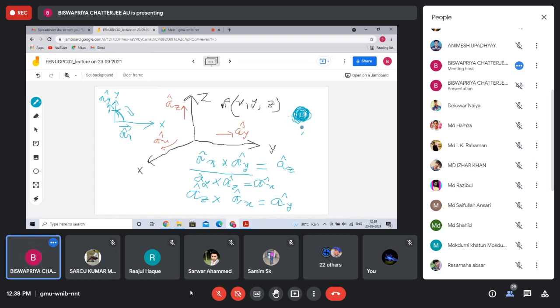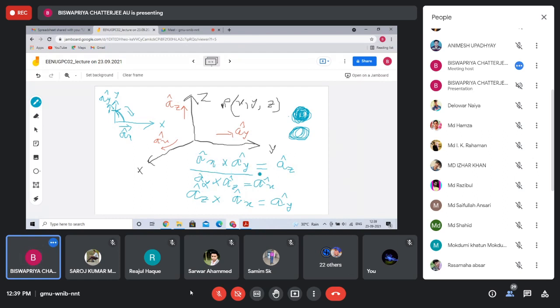However, if you give a counterclockwise rotation, the screw comes out from the wall. That motion is directed in the direction coming out from the wall. So this is called the right-handed system.